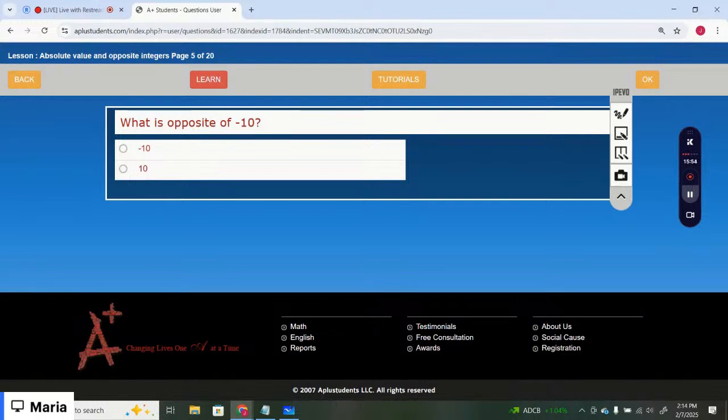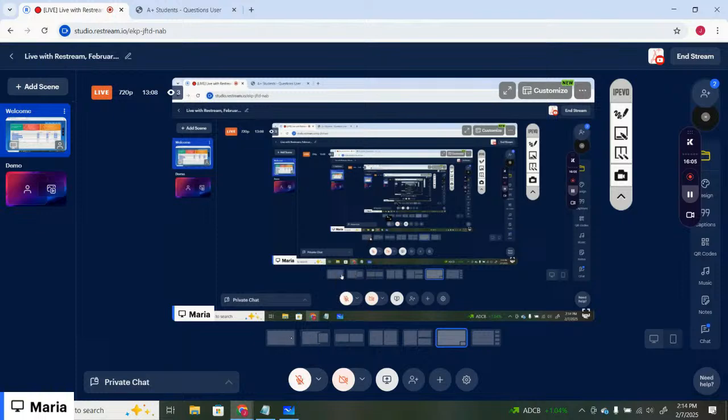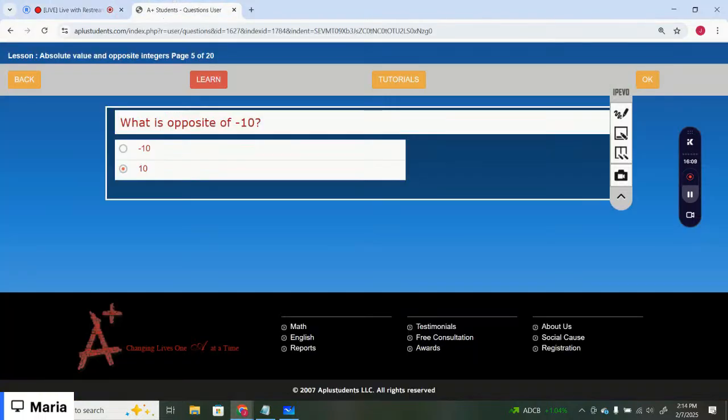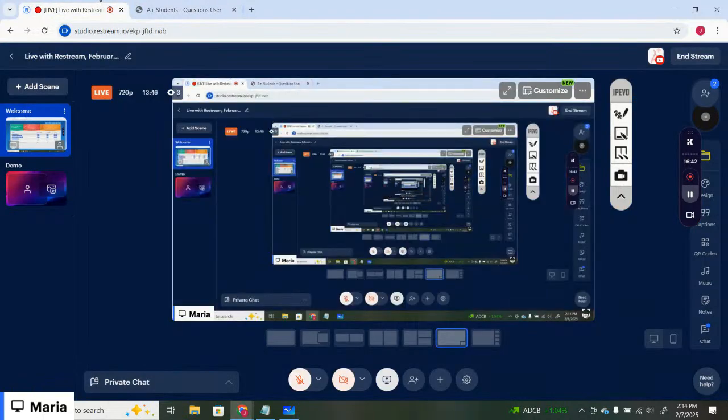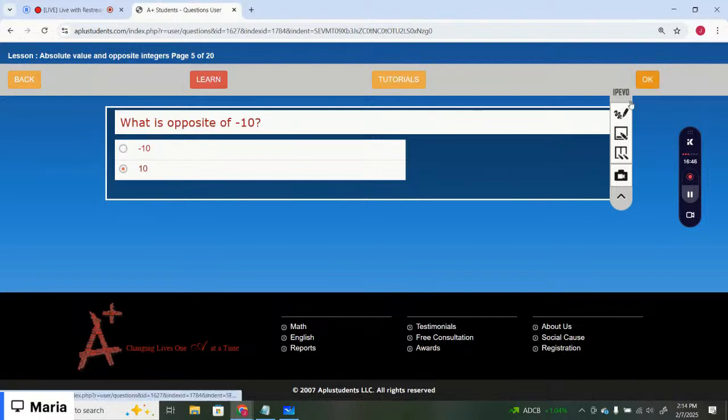What is the opposite of negative 10? Opposite of negative 10 is positive 10.